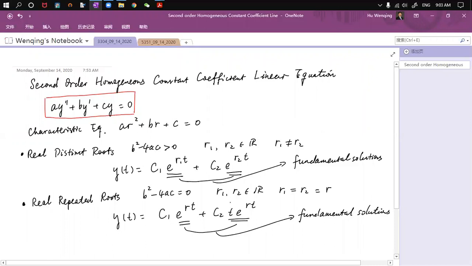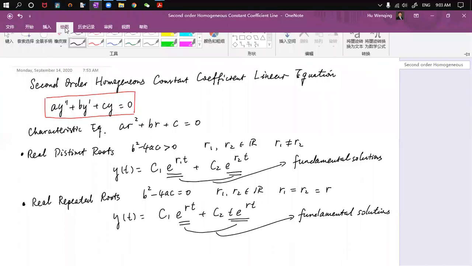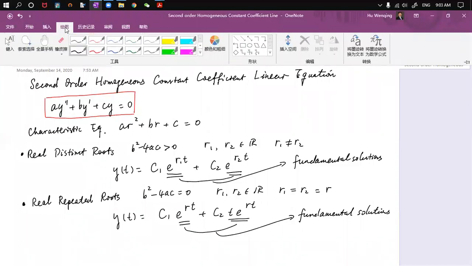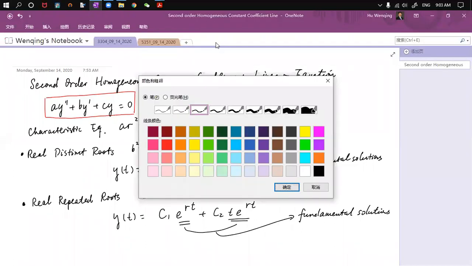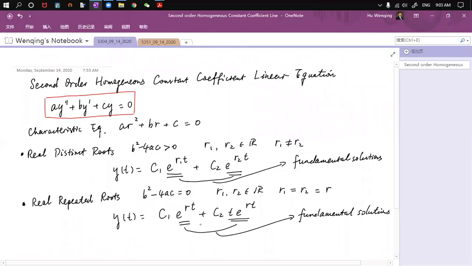Let me use another color, the golden color. That's what we call the golden principle.